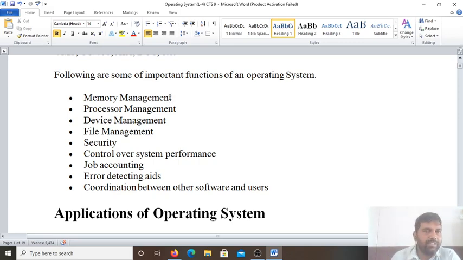The round robin method means the processor is allocated to each process sequentially for a given period of time. Suppose 2 microseconds is given for each process. The first 2 microseconds the processor will be allocated to process 1, the next 2 microseconds to process 2, and the next 2 microseconds to process 3. Suppose you initiated only 3 processes, so again the next 2 microseconds will be given to process 1.